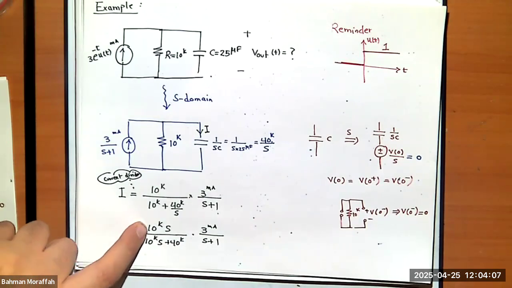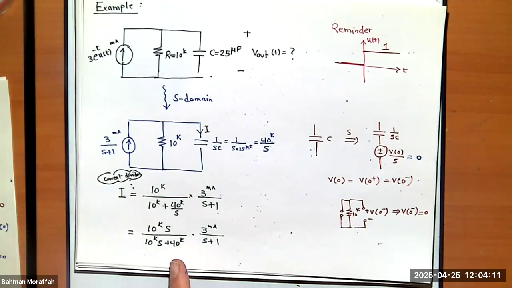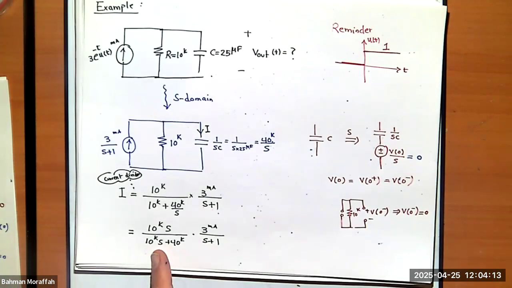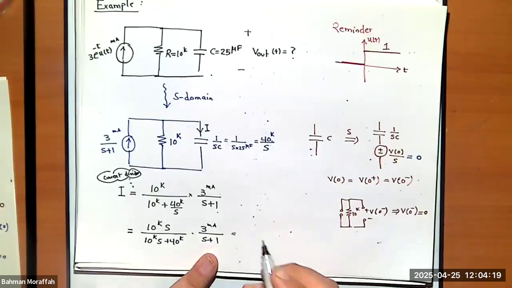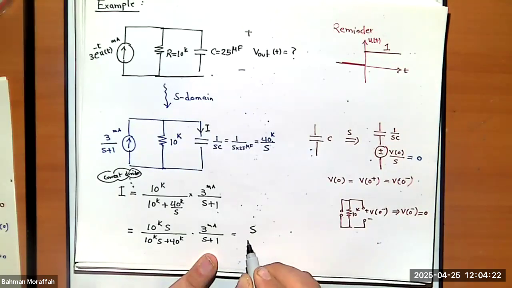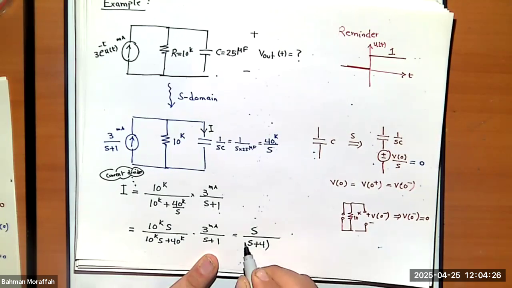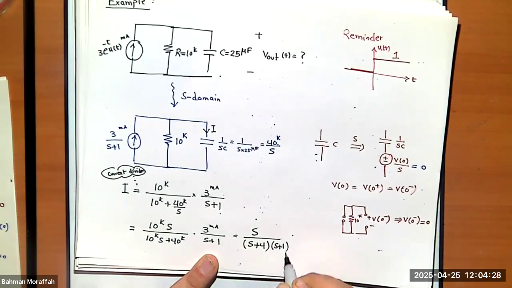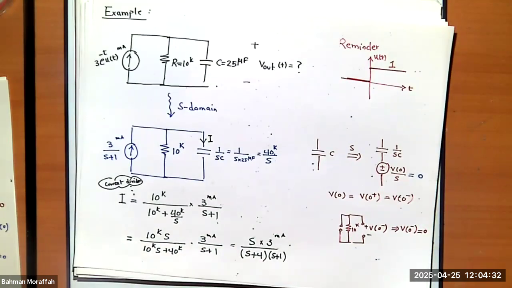I can get rid of this 10K by factoring out the 10K on the bottom. So the whole thing over here is S divided by S plus 4, times S plus 1, times 3. Right?